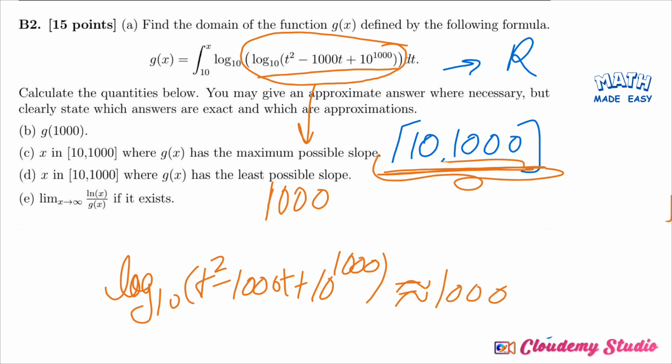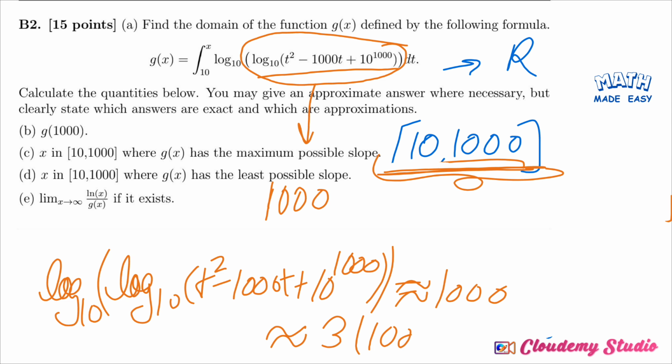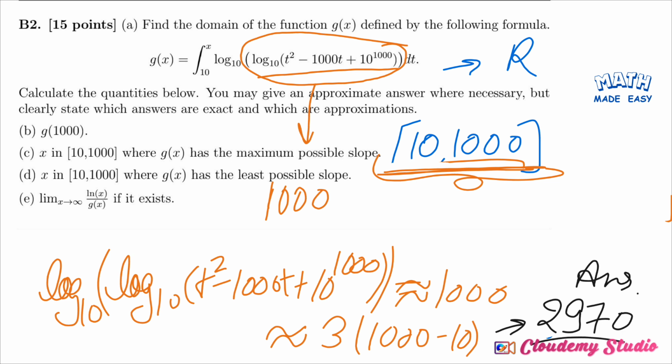Now if I take log base 10 of this, it will be close to 3. Then with limits 1000 minus 10, this leads to 2970, and this is your answer.